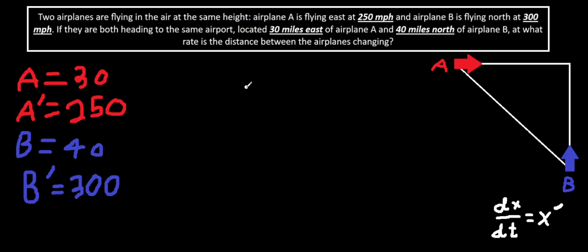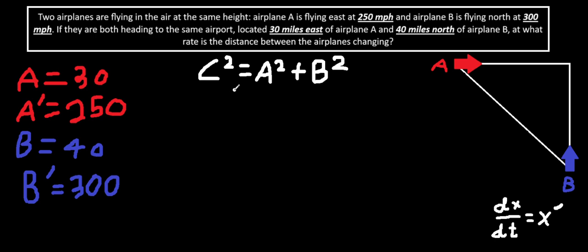So now that we've got our known values, we then use the Pythagorean theorem formula, which is C squared equals A squared plus B squared.